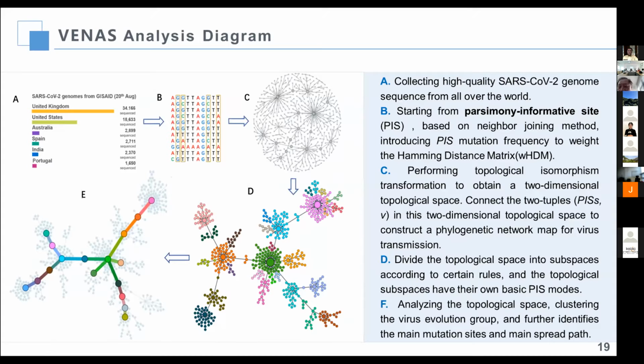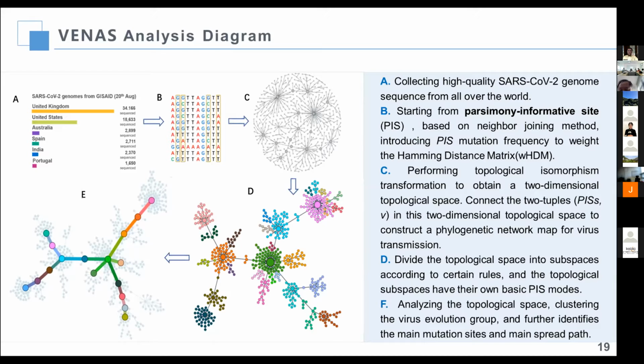And then starting from the parsimony informative site, PIS, based on the neighbor joining method, introducing the PIS mutation frequency to weight the Hamming distance matrix, and then performing the topological morphism transformation to obtain a two-dimensional topological space, connect the two-tuples in this two-dimensional topological space to construct a phylogenetic network map for virus transmission, and divide the topological space into subspaces according to certain rules, and the topological subspaces have their own basic PIS models.